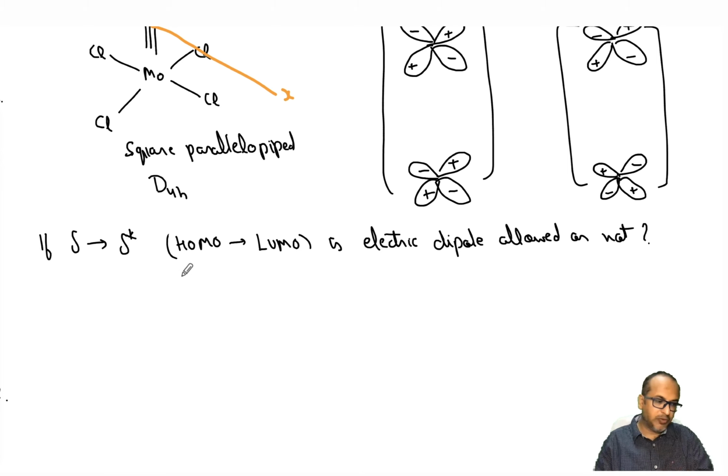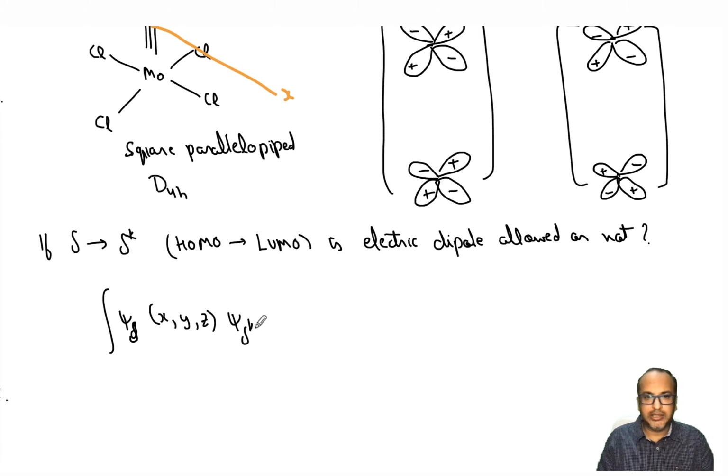So that means what we need to do is set up an integration where we need to see whether the integral of psi delta, x, y, z, and psi delta star d tau is equal to 0 or not equal to 0, right?